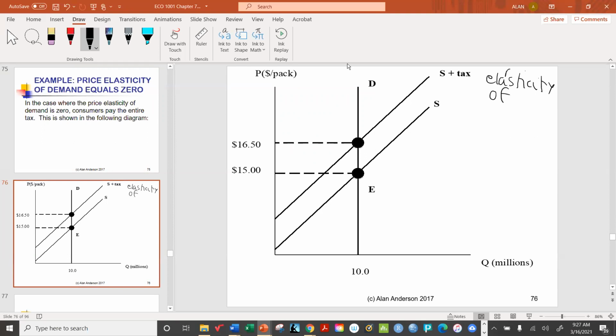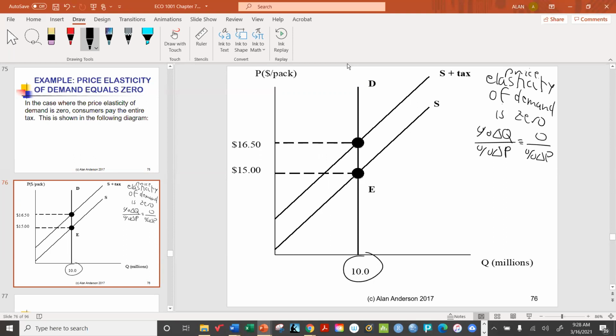You might recall we saw this earlier in the discussion about supply and demand. When the demand curve is vertical, remember, the price elasticity of demand is the percentage change in Q over the percentage change in P. If you notice, the quantity never changes. So therefore, this ratio is just 0.